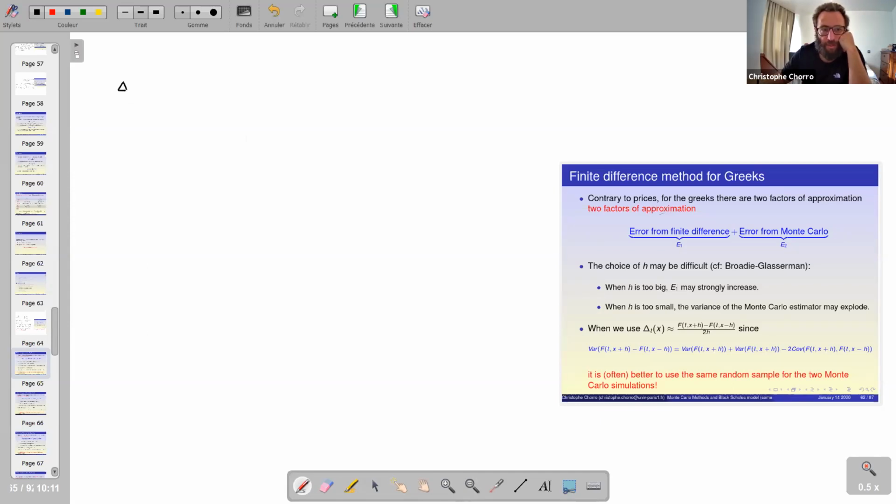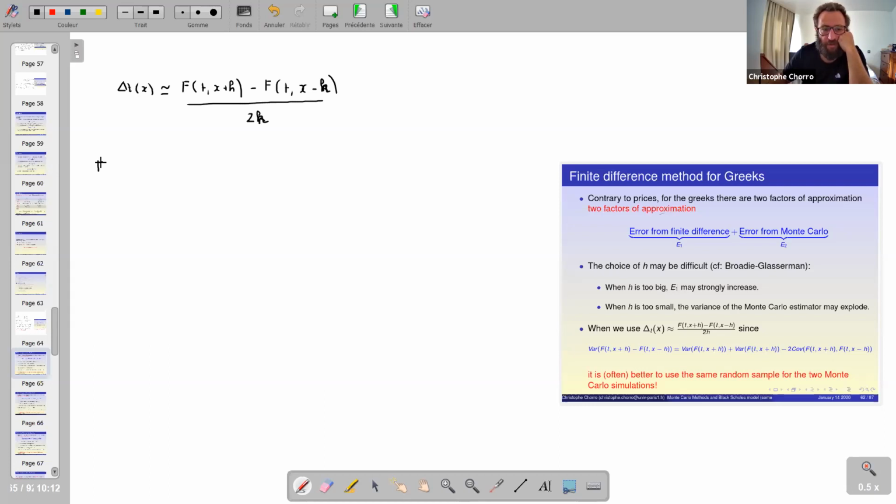My delta at time t of x may be approximated, according to what I have said previously, by this. It's not a K, it's an H here. H to H.